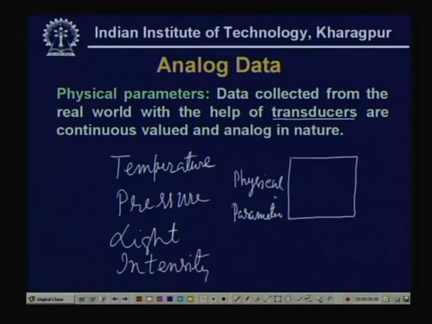And on this side we get some electrical signal, voltage or current. So, this is your transducer.